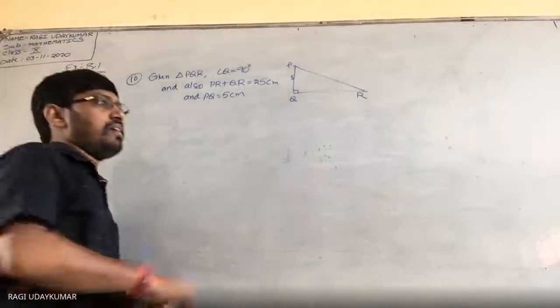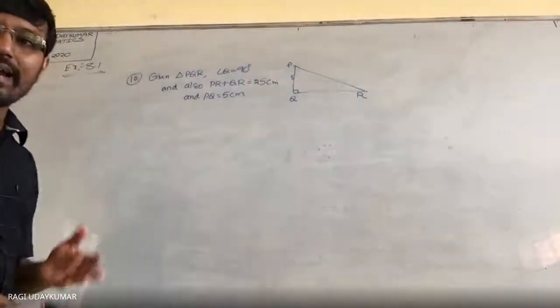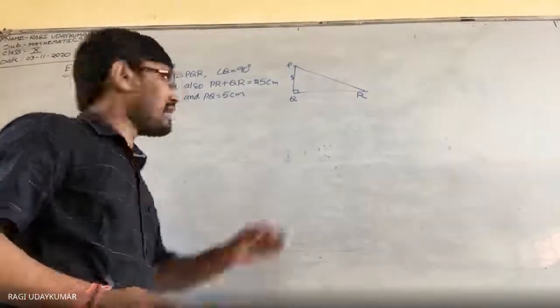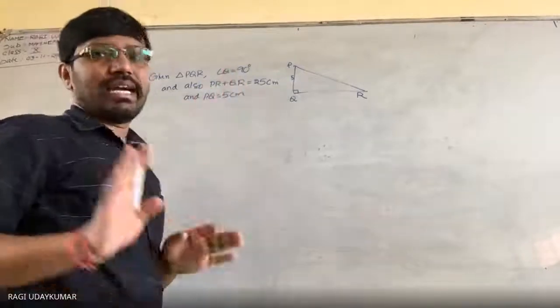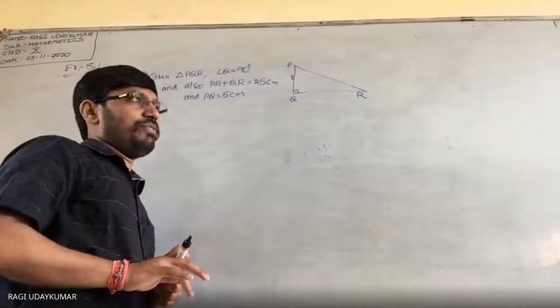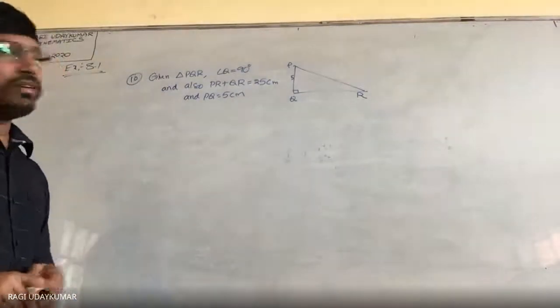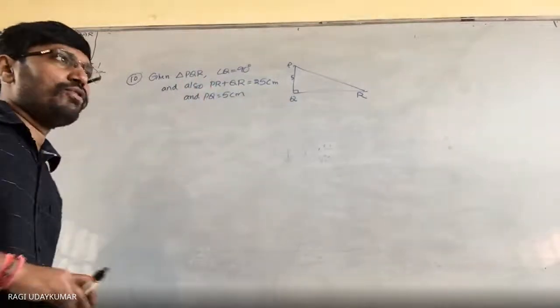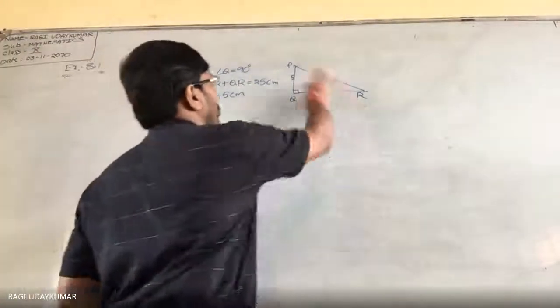Here the sum of these two is given, not the individual values. So you cannot directly assume that this will be 10 and this will be 15. That's the wrong way of considering. You have to find out QR and PR.